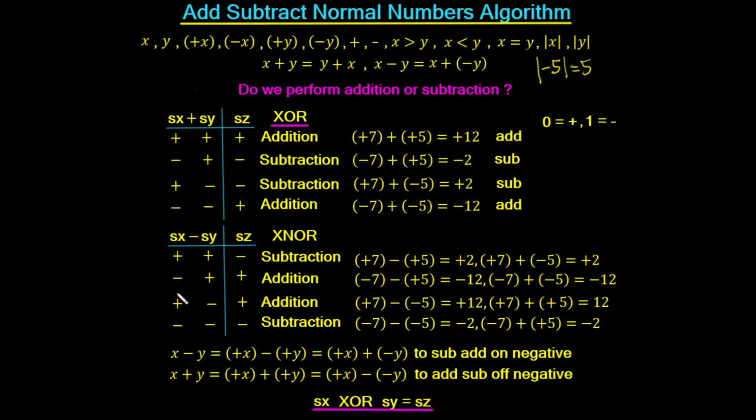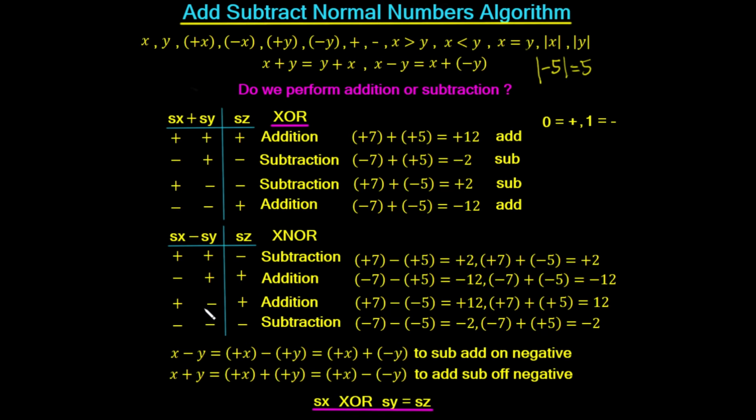Now these two here will provide an addition algorithm. So for example, this one here, we could have minus 7 minus plus 5, and that's equivalent to minus 7 minus 5, which is minus 12. So again, we've gone through an addition algorithm to get the value of 12. So that's 8 possible combinations.